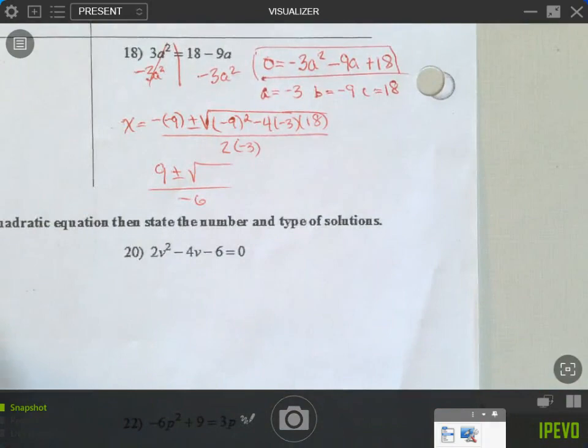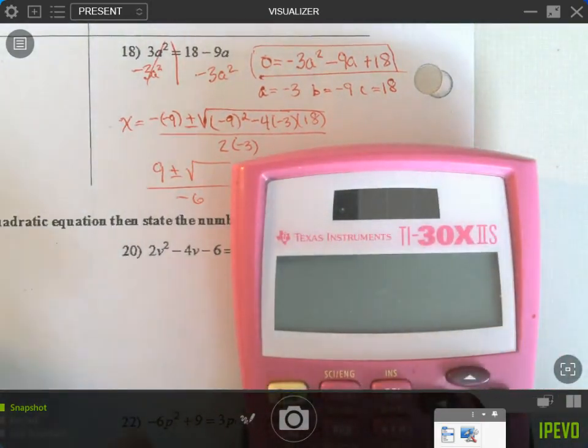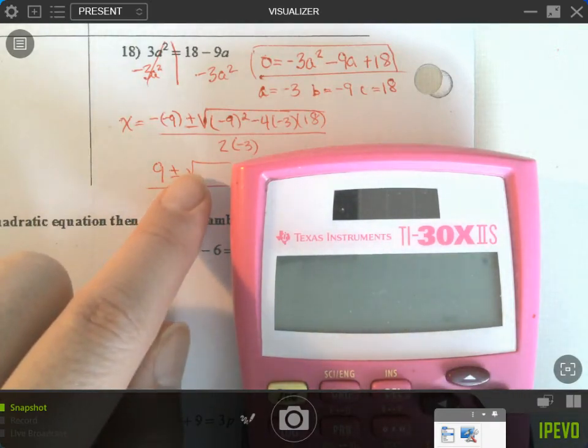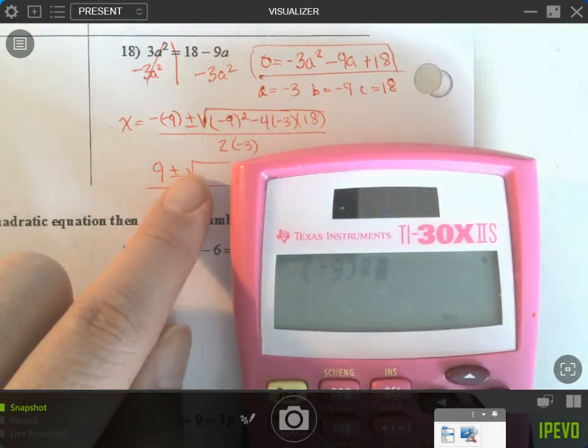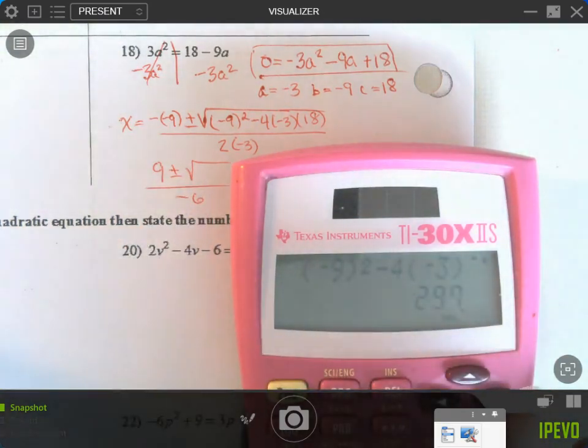Anybody find that something yet underneath the square root sign? I agree. So I'm plugging in exactly what's underneath here as parentheses negative 9 squared minus 4 times negative 3 times 18. So if I plug it all in just like this, 297.